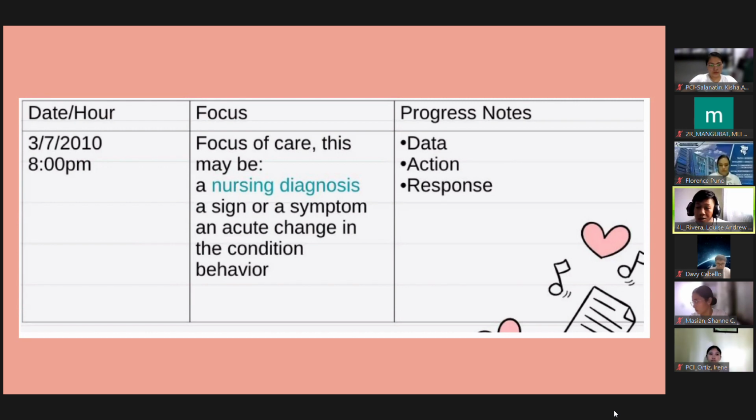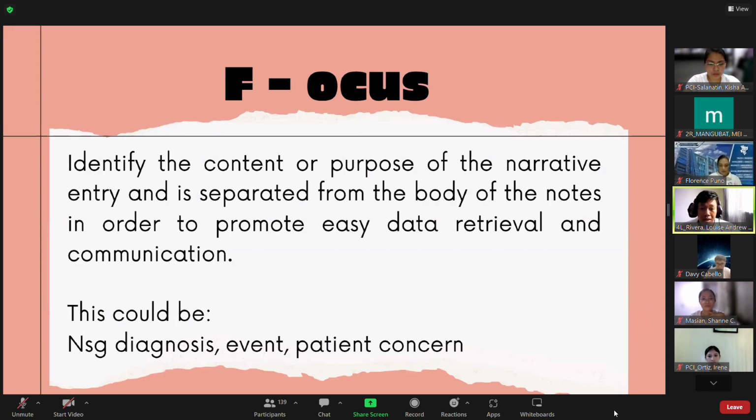And in the progress notes, we put our interventions or management. Here, data, action, and response, which I will further discuss in the succeeding slides. So in our focus, we identify the content or purpose of the narrative entry, separated from the body of the notes in order to promote easy data retrieval and communication.